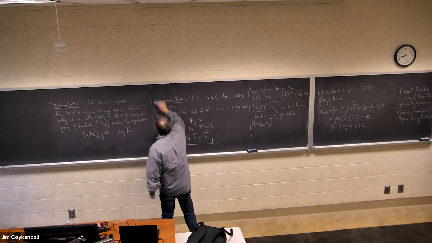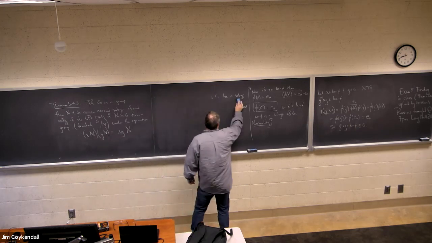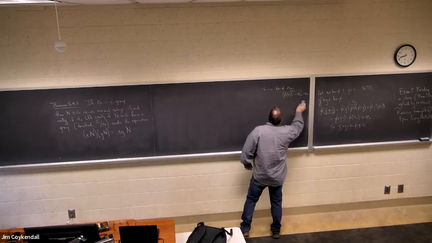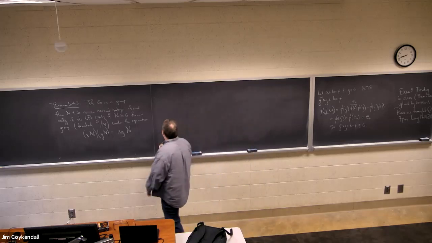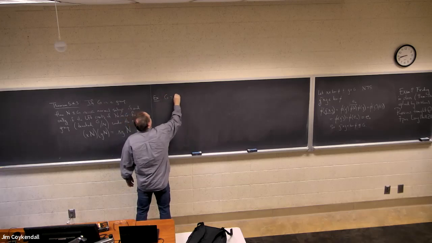Now, I'm going to show you that this works, but first I'm going to give you an example. And you've actually seen this in action before, although it wasn't couched to you in these terms. Let G be the integers.